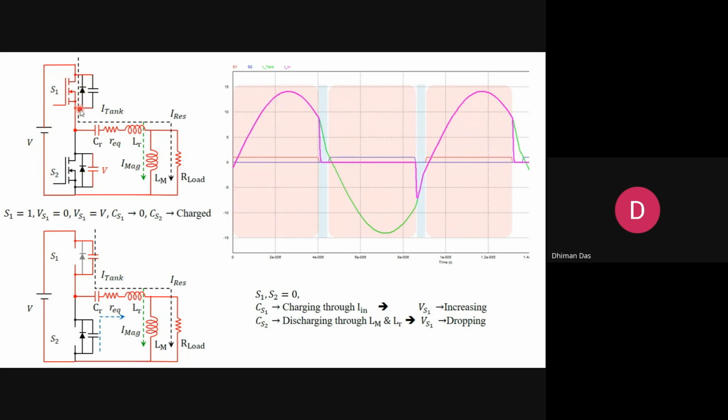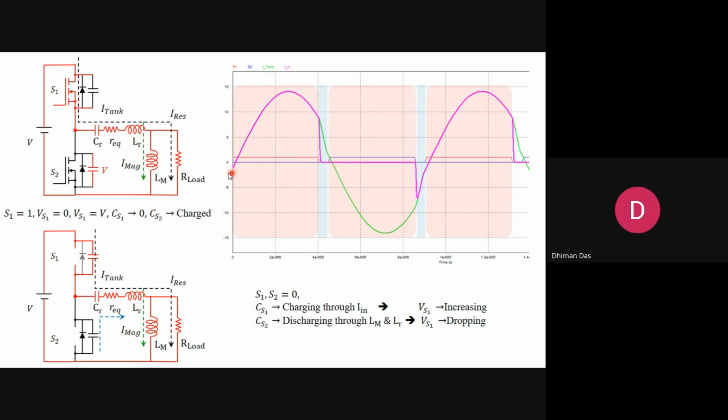Now in this scenario, a resonating current will try to flow through the load as well as through the magnetizing inductance of the transformer. So there are two components, one is the magnetizing component, another is the load component.